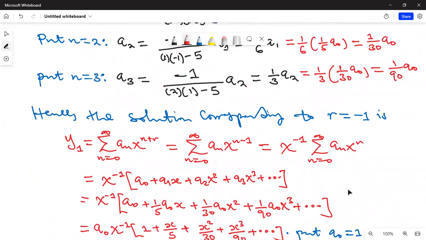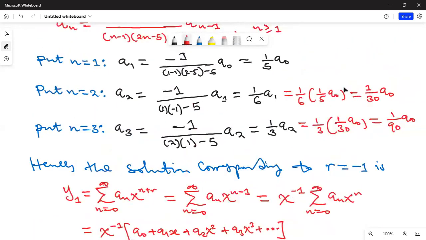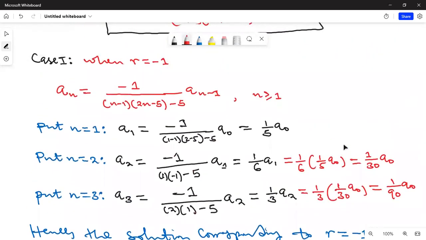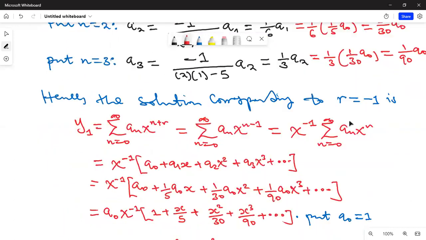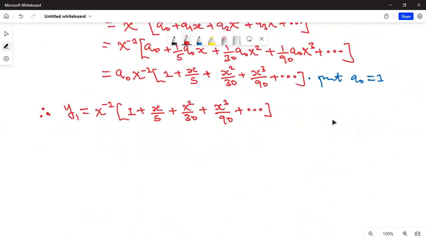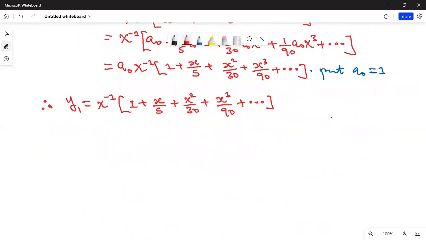Let's look at case 2, where r is equal to 5 over 2. We do the same thing. So I write here case 2. In this case, what will be the recurrence relation?